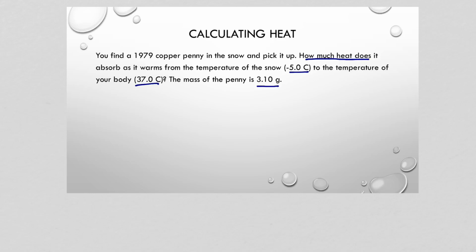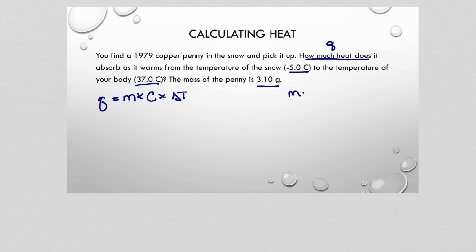So we're trying to find out heat, remember, Q. If we think about our equation, Q equals the mass times the specific heat times the change in temperature. So if we think about what we know, m is the mass.